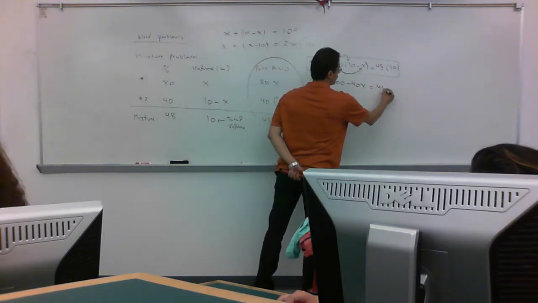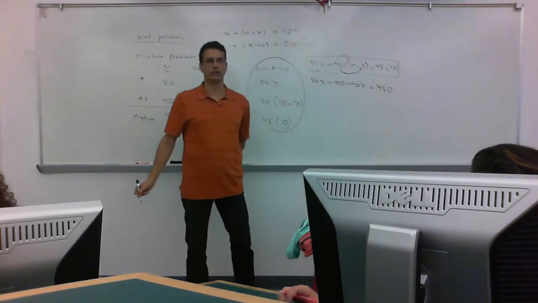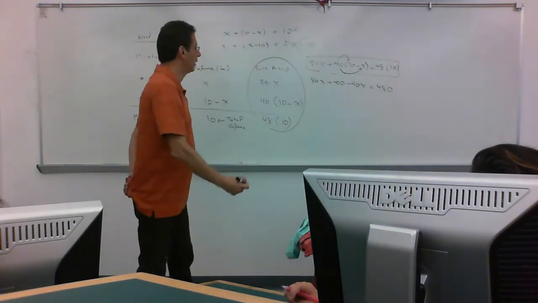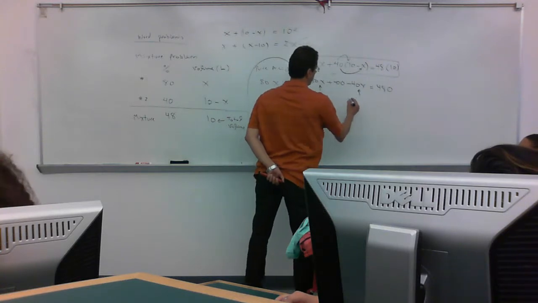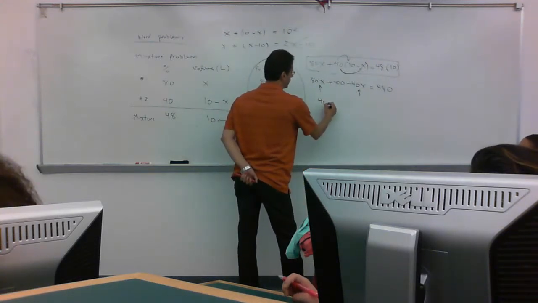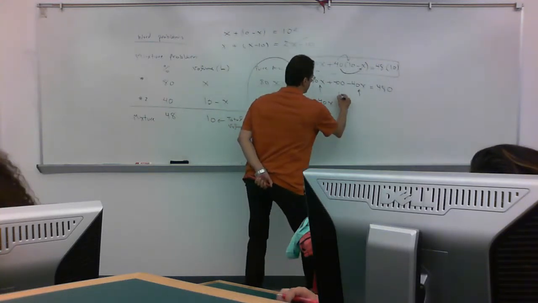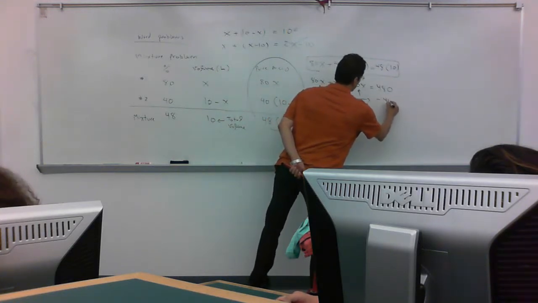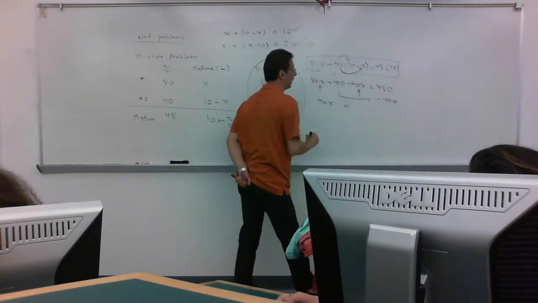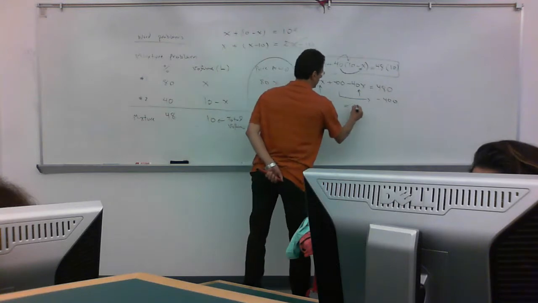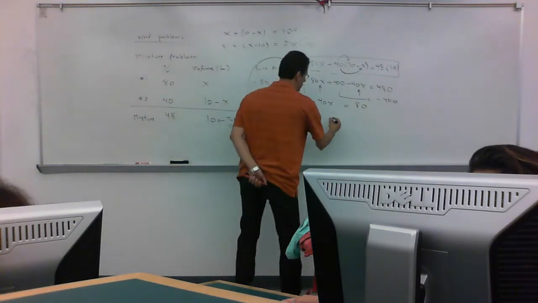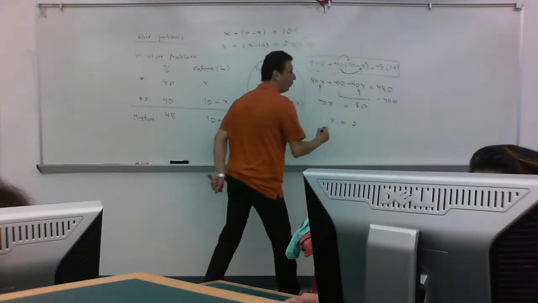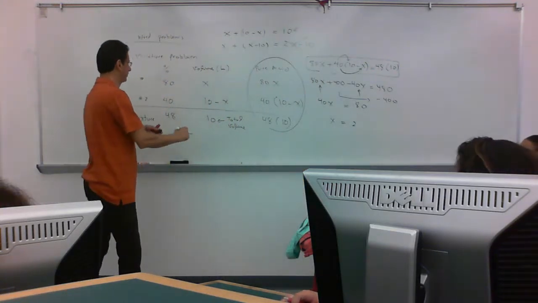And the right side is just 48 with a 0 next to it, 480. Now, 80x and minus 40x give us 40x. I can move the 400 to the other side, and it becomes 80. Therefore, dividing by 40 gives us x equals 2.